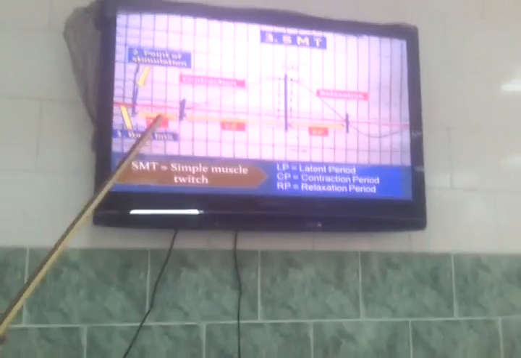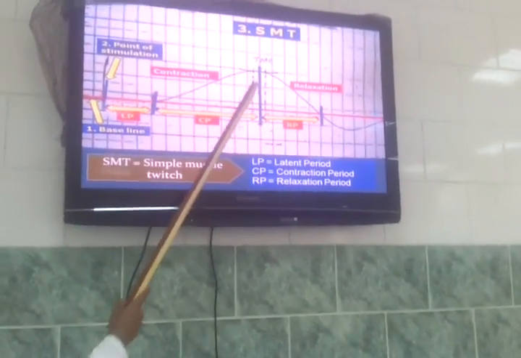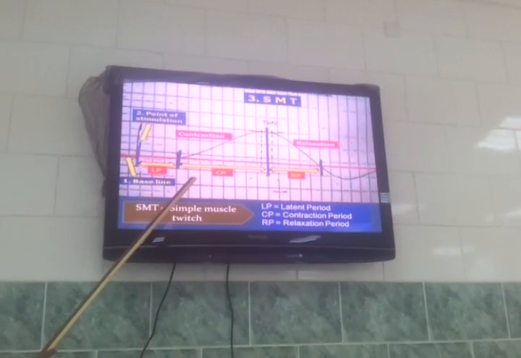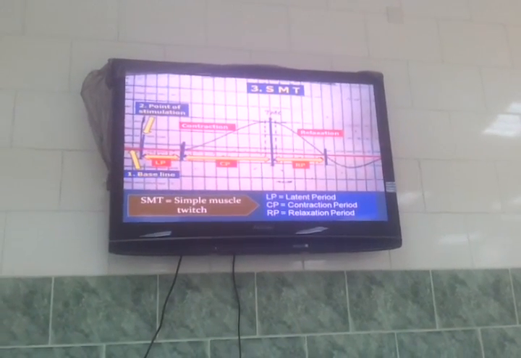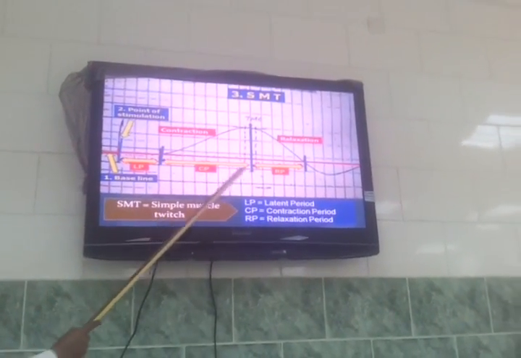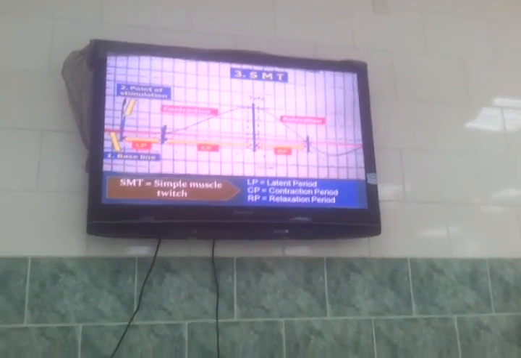Okay? So in a single muscle twitch or single muscle curve, you have to do three things. Number one, you have to mark the lines to identify the different periods, and secondly, you have to calculate the time period of each millimeter, and thirdly, you have to calculate the time period for each parameter.